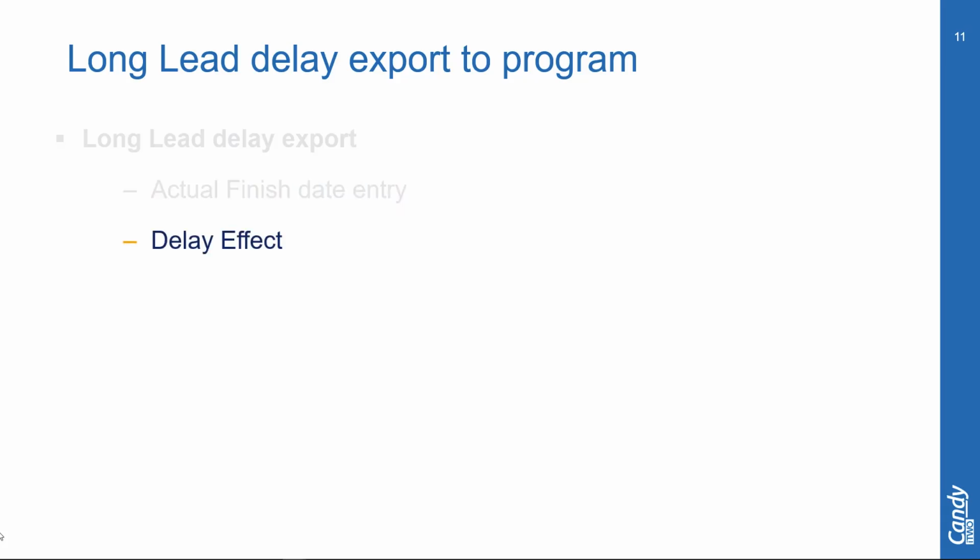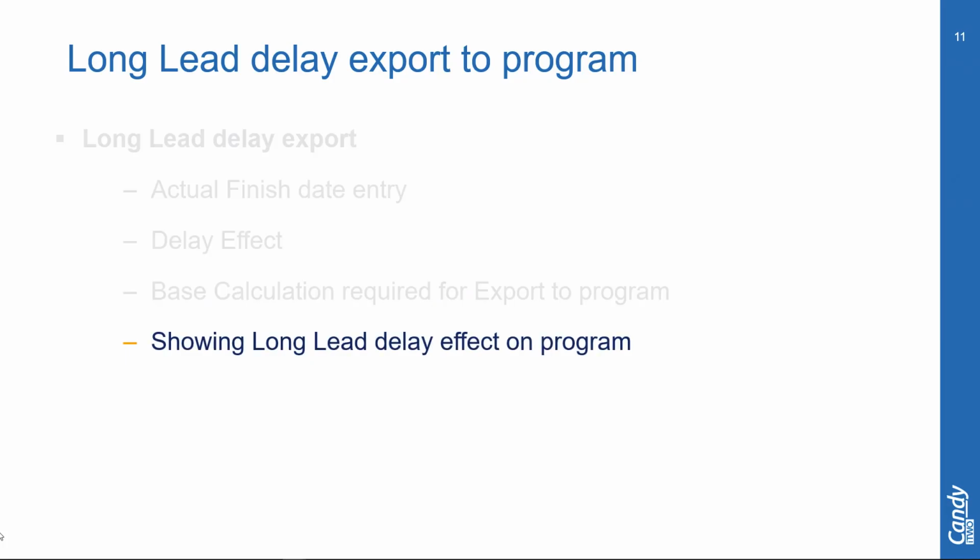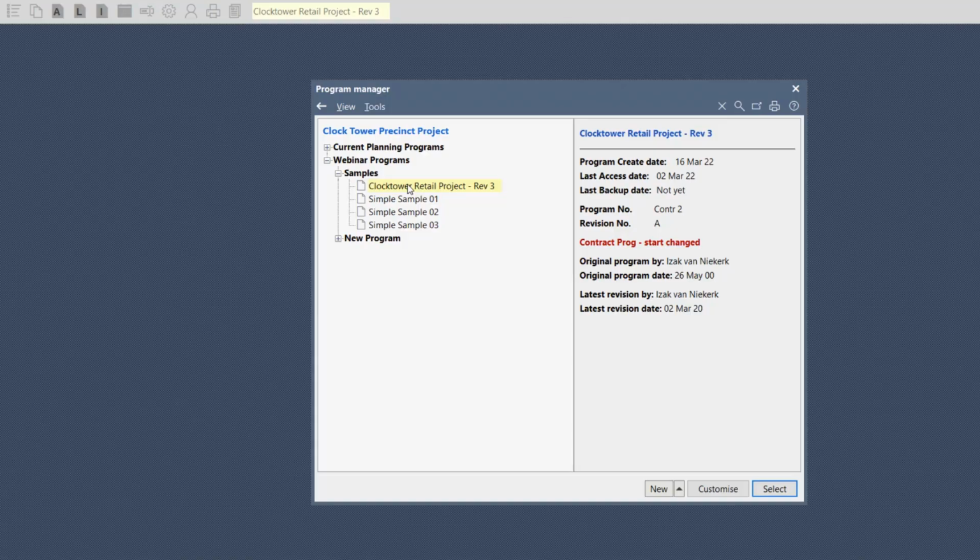That will show the delay effect, and then you can export that delay effect back to the program using the base calculation, and then you can see the knock-on delay of all the predecessors of the activity being delayed. To see the knock-on effect of a long lead delay on the activities in the program, we're going to use the Clock Tower Retail project.